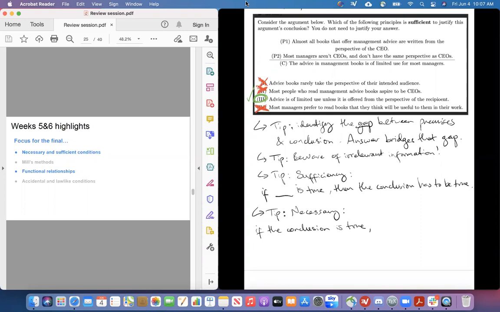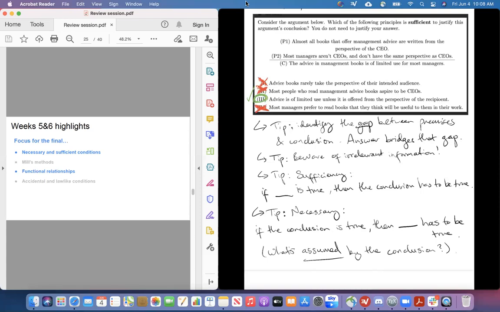It means if the conclusion is true, then blank has to be true. And of course, your job is to fill in that blank with the correct answer choice. So if you're asked about necessary conditions, it's asking what's assumed by the conclusion? What has to be true if this conclusion is true?